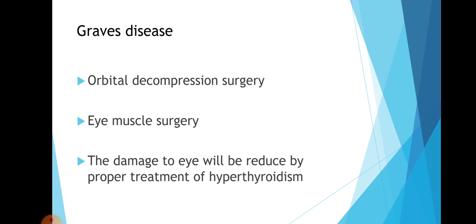And also, the main thing is that the damage to the eye will be reduced by proper treatment of hyperthyroidism. If we treat the cause, then we can treat the Graves disease. If we are treating the proptosis or any type of ocular disorders, but we are not treating the hyperthyroidism, it will not help.